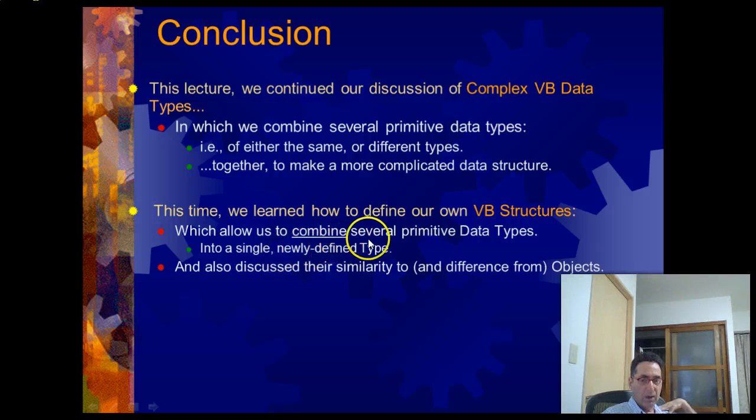So what was that? We created a customer data type. It was a structure, and it had several primitive data types in it. I think it had one integer field and 5 string fields, and we also discussed their similarity to and difference from objects.